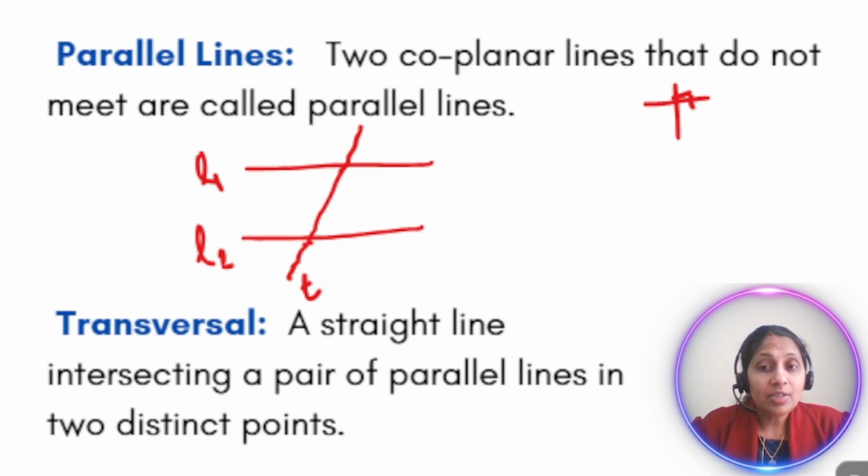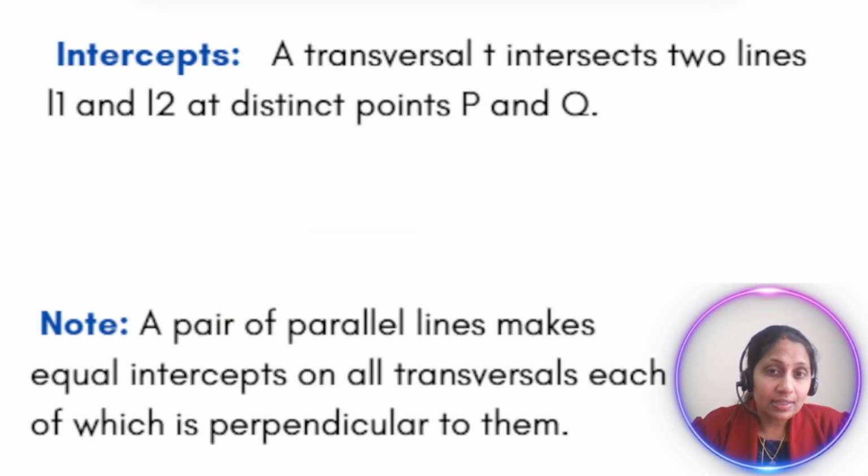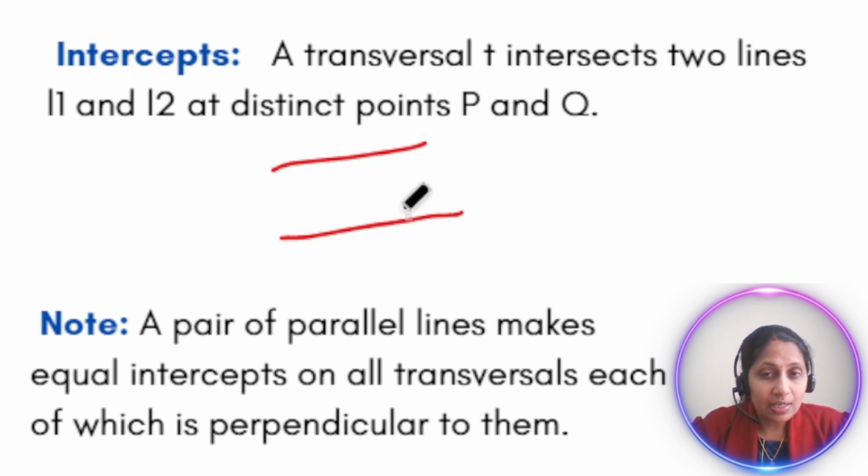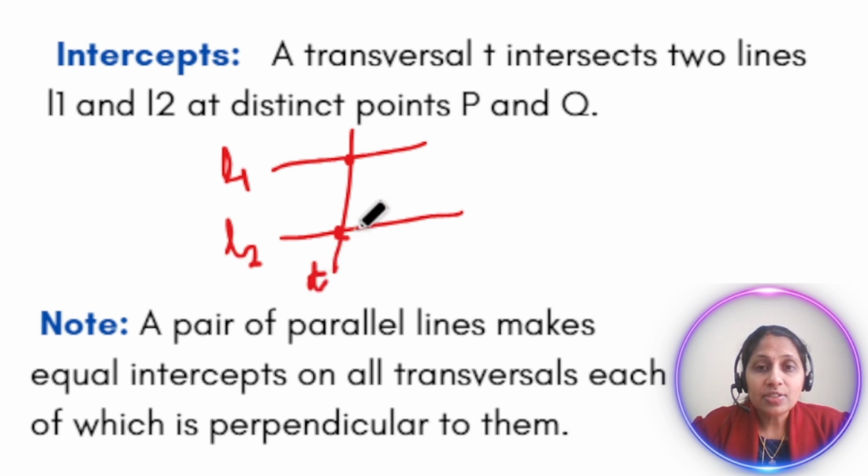And the next term that you need to know here is the intercept. We already know two lines that never meet are parallel lines. And if a line cuts both the parallel lines at two different points, then we call it a transversal. And the transversal cuts at a particular point, right? That point we call the intercept. Here P and Q are the intercepts.